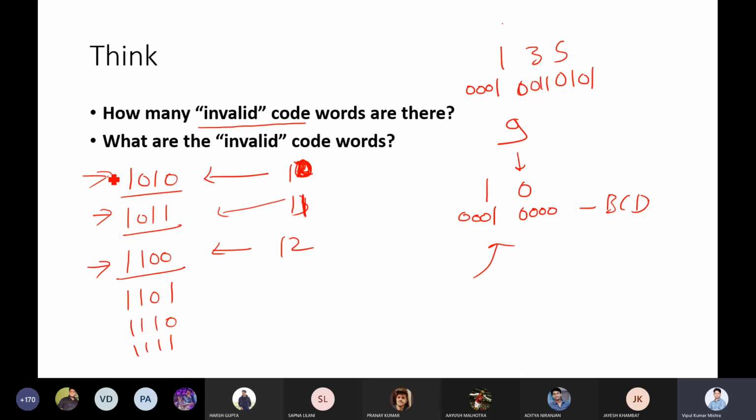So these are all invalid codes in case of BCD because they will never appear in BCD, right? We will utilize these invalid codes sometimes to optimize the circuit. Whenever we talk about optimization of the circuit, we'll see that we utilize these invalid bits as well.